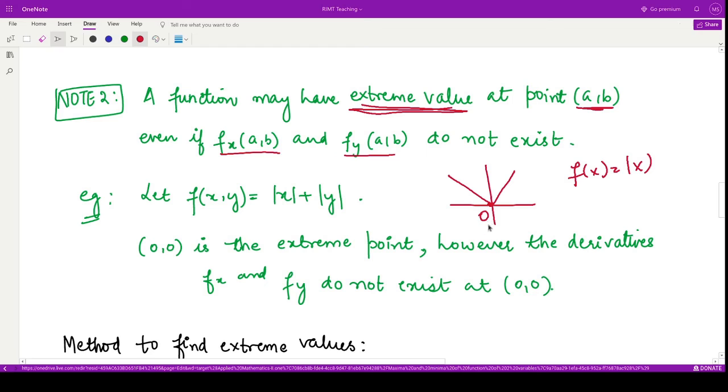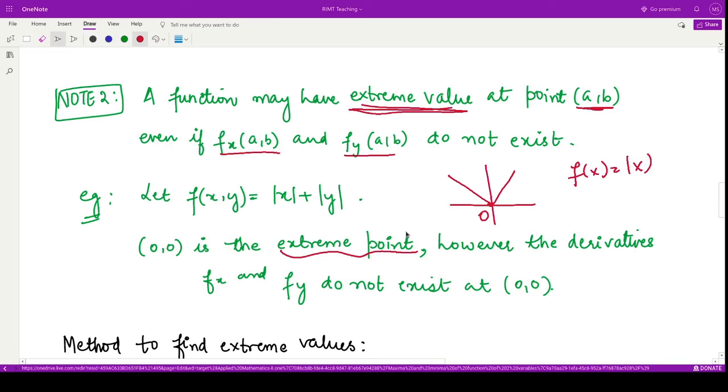That means no derivative exists at this particular point. Similarly, the case is here. At the point (0, 0), we know that is an extreme point. Why? Because at this point you will have the minimum value. However, the derivatives f of x and f of y do not exist at the point (0, 0). So this is what we are saying.